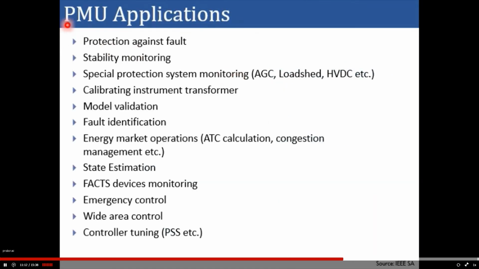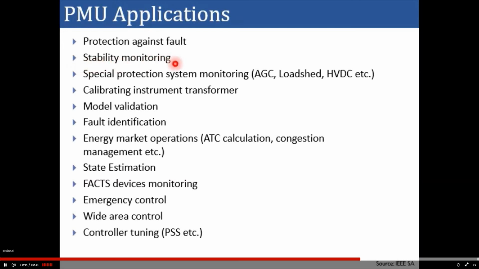Now let's talk about the various applications of phasor measurement unit. First is the protection against fault. If we have PMUs connected at various buses, whenever we have a fault, we can immediately see the response of the PMU, and accordingly we can take action. Since the PMU data reporting rate is very fast, we can get the fault information at a very fast pace and take actions accordingly.